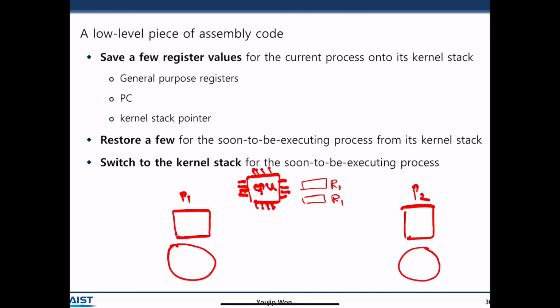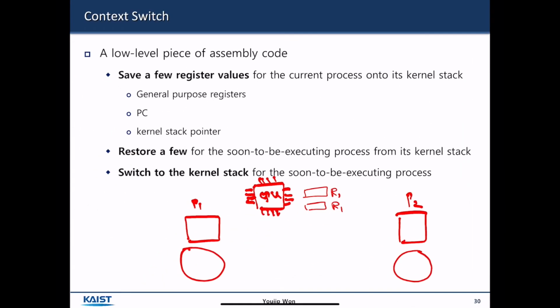When a context switch happens, the scheduler has to save the current register values of the currently running process to somewhere in the address region of process 1. Then it has to load the register values of process 2 from its memory to the current register file of the CPU.